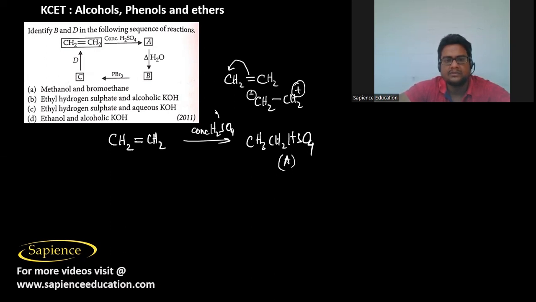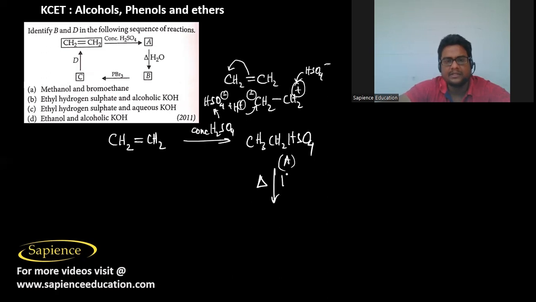Then from H2SO4, an HSO4 minus ion and an H plus ion will be formed. This H plus ion will combine with the carbanion, and this HSO4 minus ion will attack the carbocation. Then it will form CH3CH2HSO4.